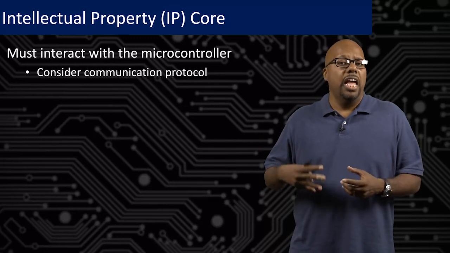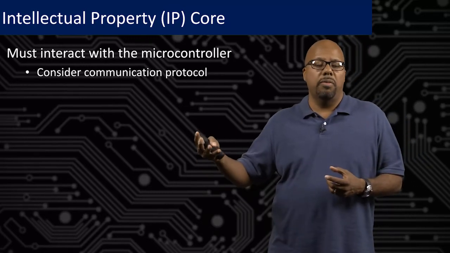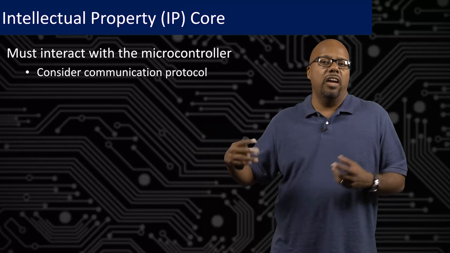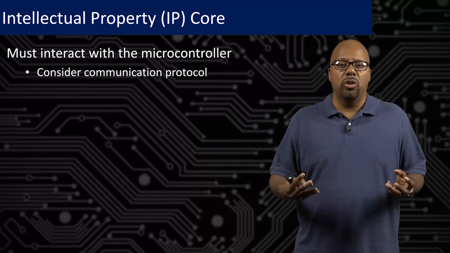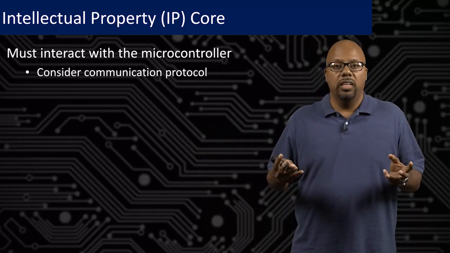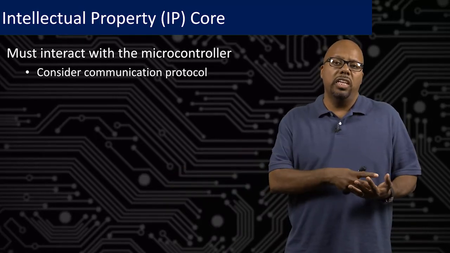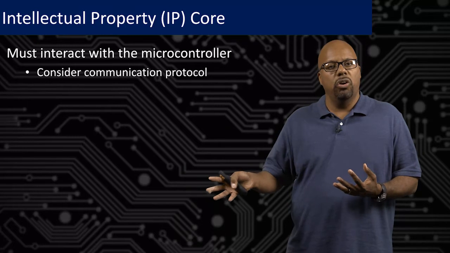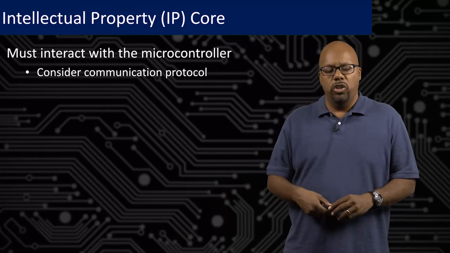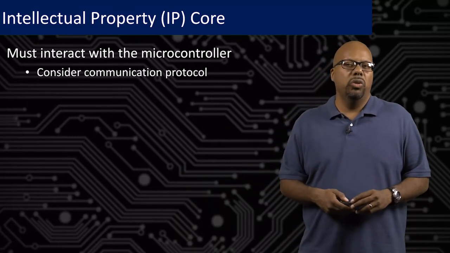And then for the results, maybe the core sets a signal high when it's completed, and that goes back to the microcontroller. The microcontroller knows, okay, encoding is done, let me move on. So there's this conversation between the microcontroller and the IP cores that goes on. And so you have to wire it appropriately, and we'll only touch on that.